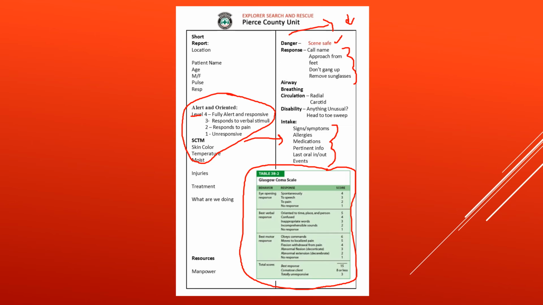If they moan or move around a little bit when you talk to them, that is level 3. And if they're having a conversation with you, that's alert and responsive, and that's level 4.